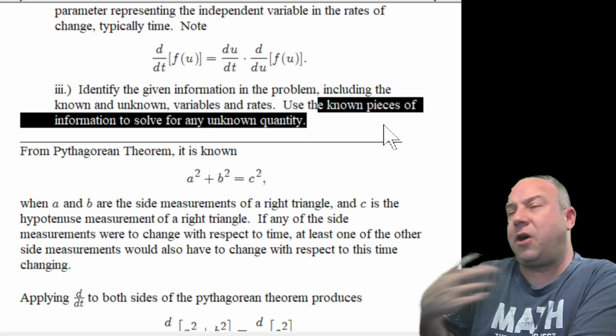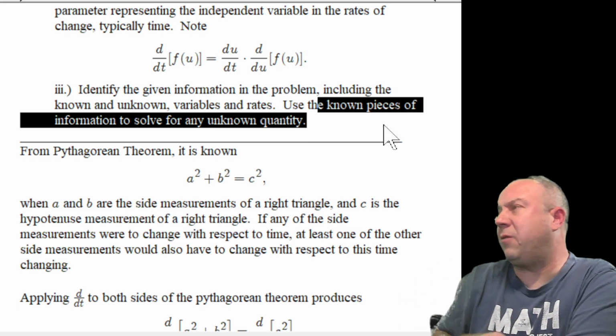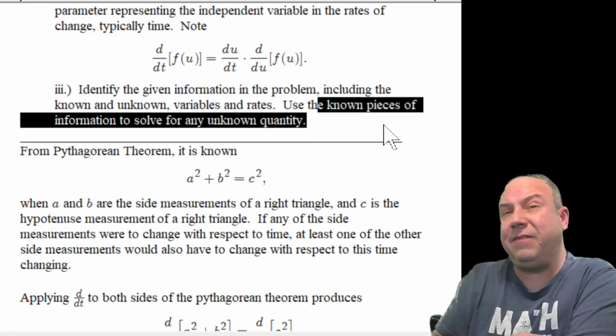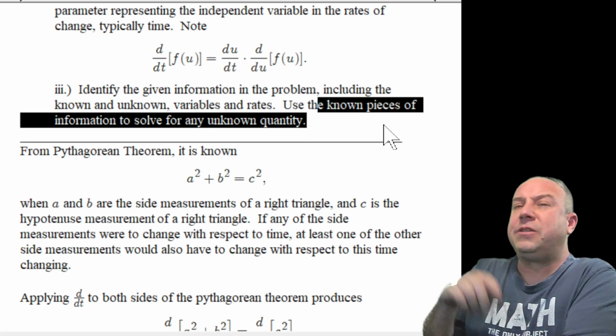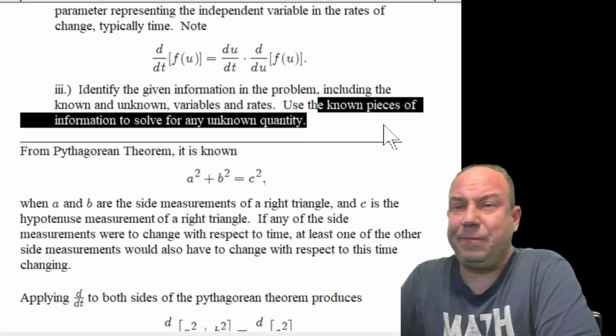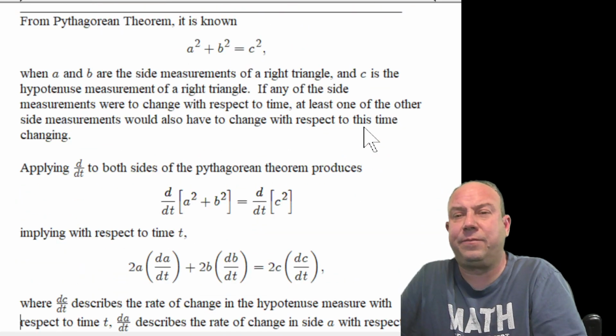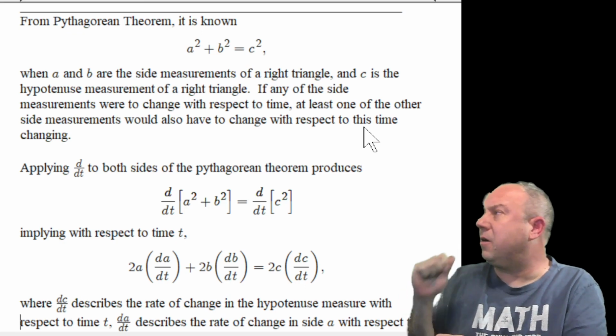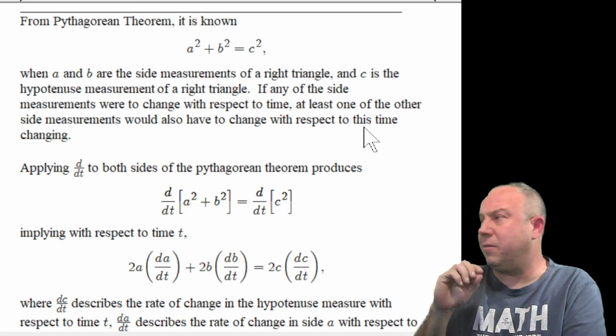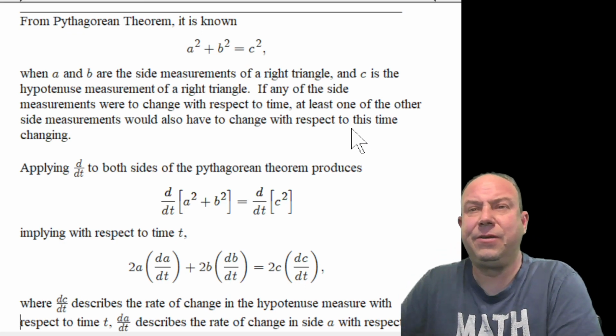And here we used all these known bits of information that were either explicitly or implicitly given to solve for dC/dt, that unknown quantity in the end. These are related rate problems, folks.